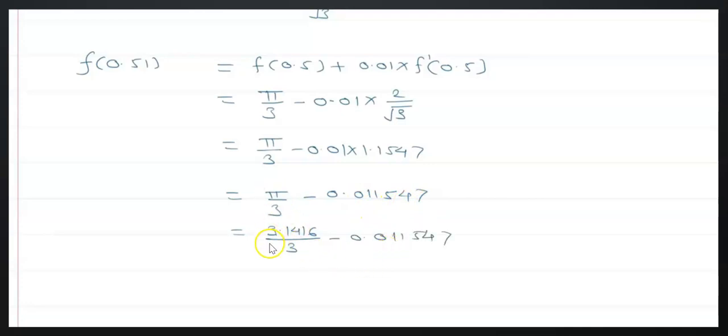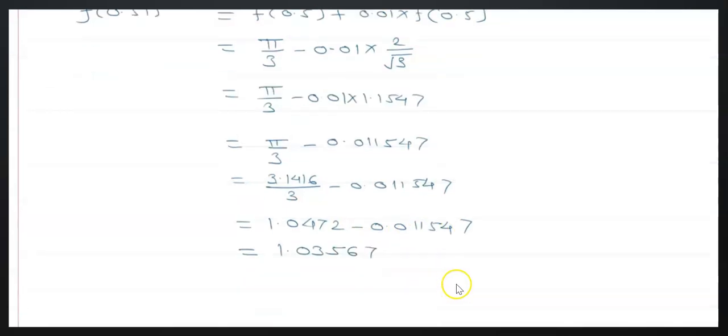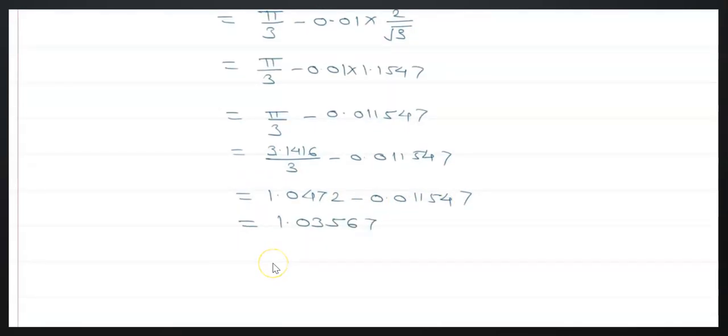The value of pi is 3.1416 upon 3, and its calculation is 1.0472 minus 0.011547, and that equals 1.03565.